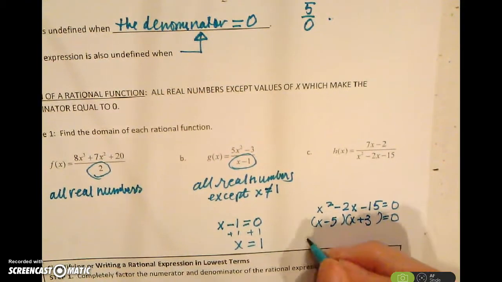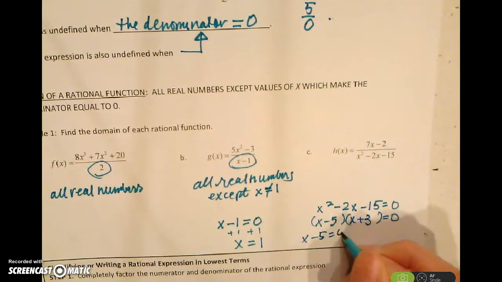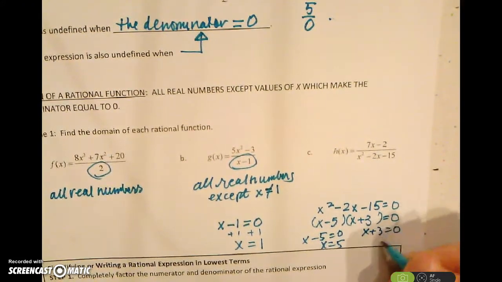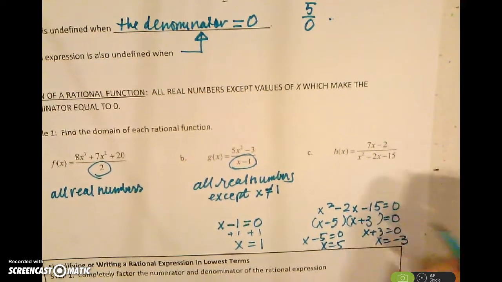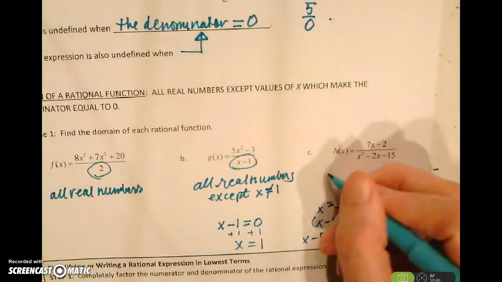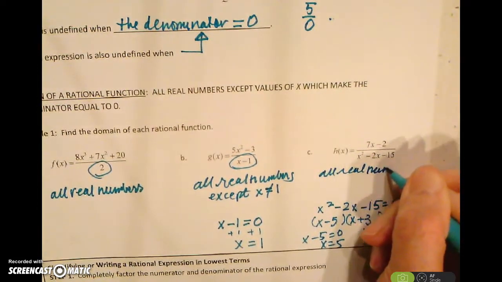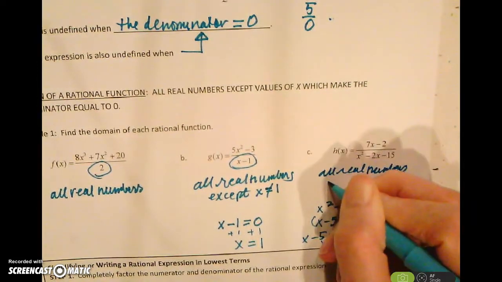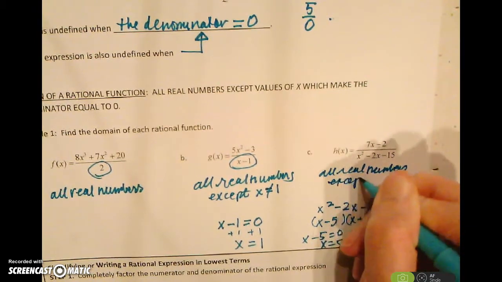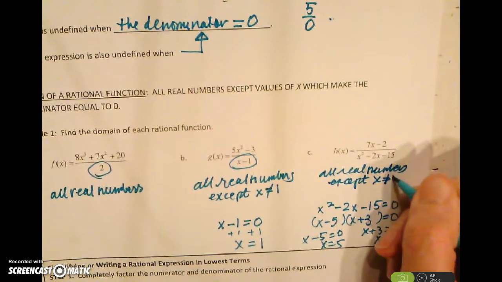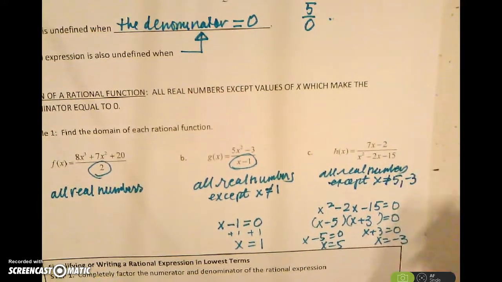That will tell me that x minus 5 is equal to 0, so x is equal to 5. x plus 3 is 0, so x is equal to negative 3. So the domain for C is going to be all real numbers except we're going to say that x can't be 5 or negative 3.